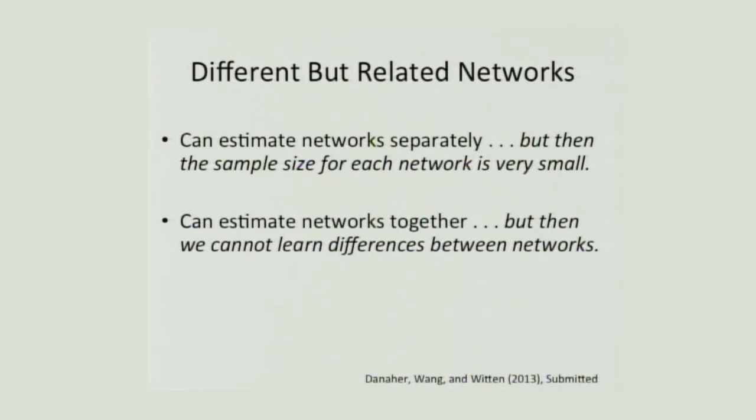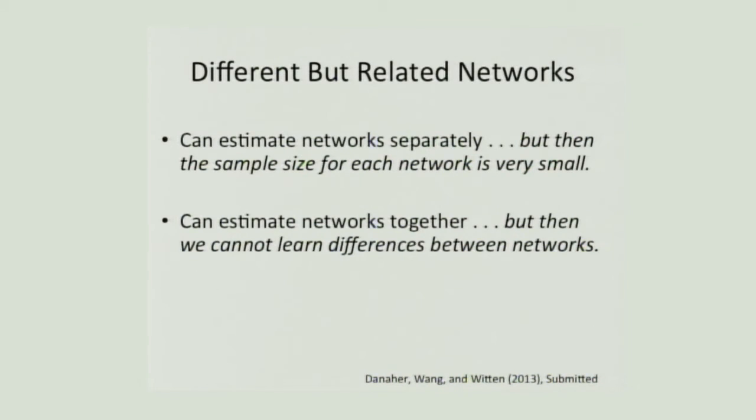And we're not really exploiting the information that we have about the data, because we probably think that the two underlying networks are similar to each other, but they have some differences. So if I just estimate network A totally separately from how I estimate network B, it seems like I'm not really taking advantage of what I have. In contrast, I can just estimate the networks together.